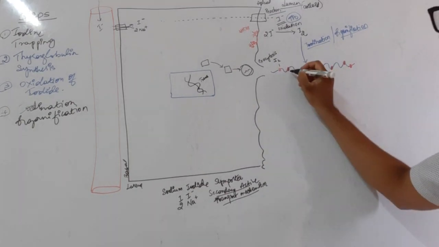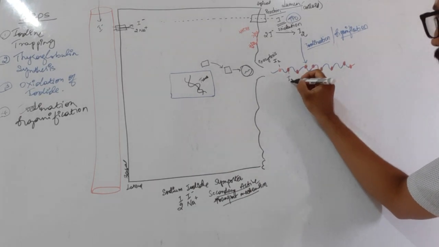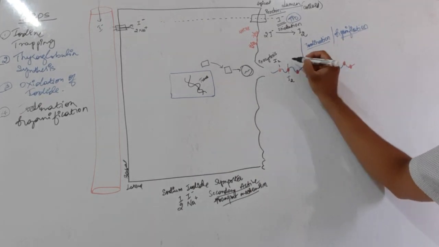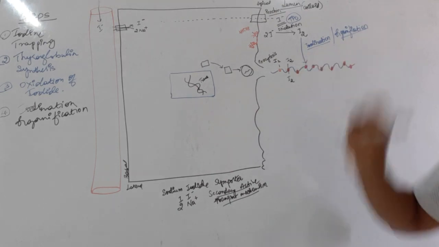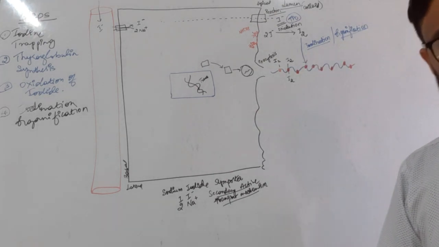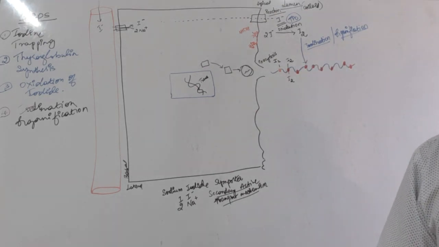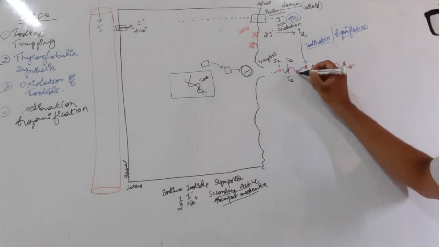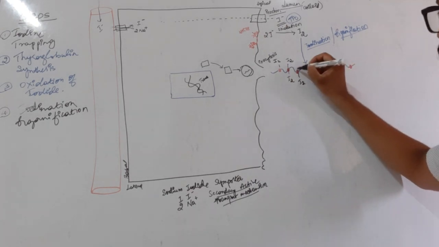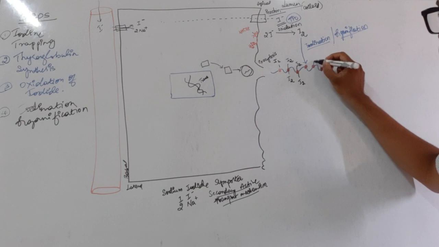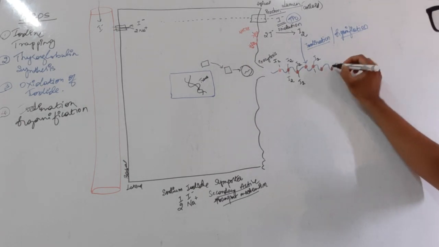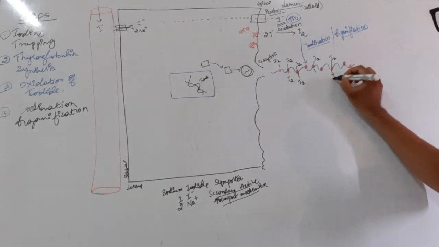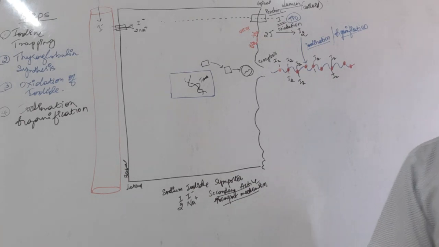It is also possible that another tyrosine residue can covalently link with 2 iodine, and it can again be with 2, or it can be with 1, or again in this example it may be with 2.